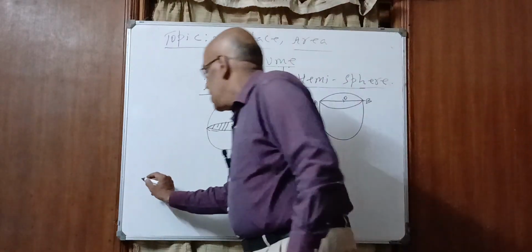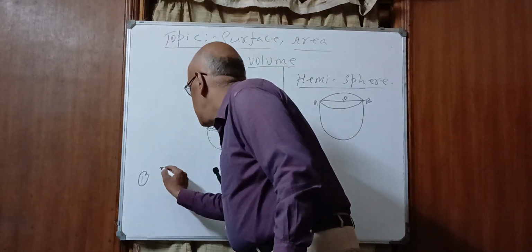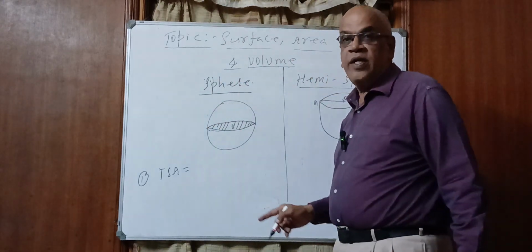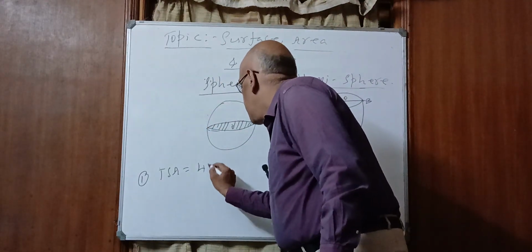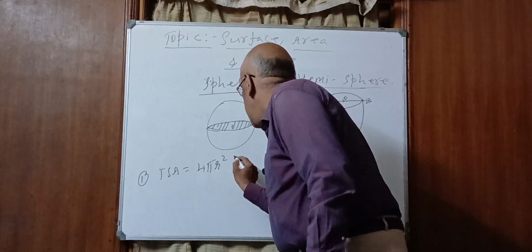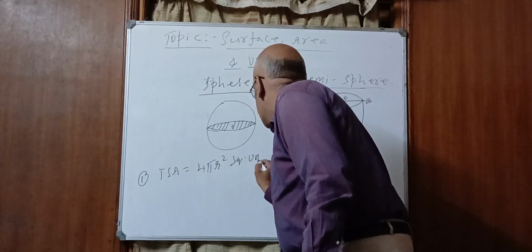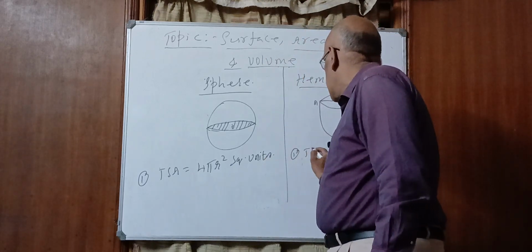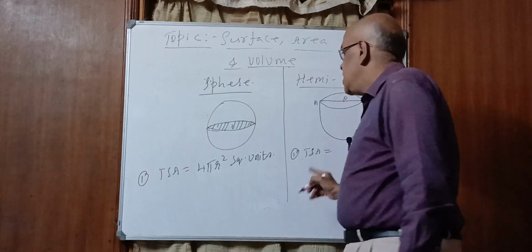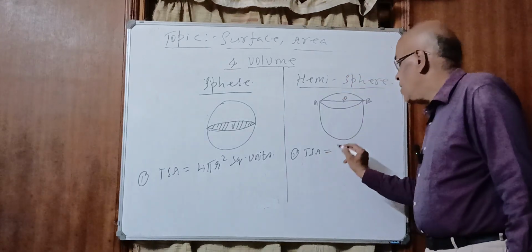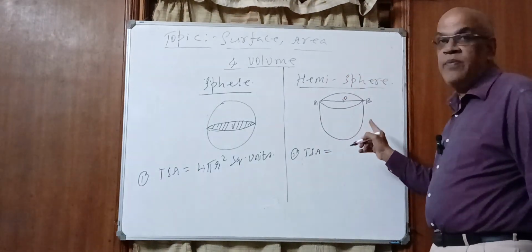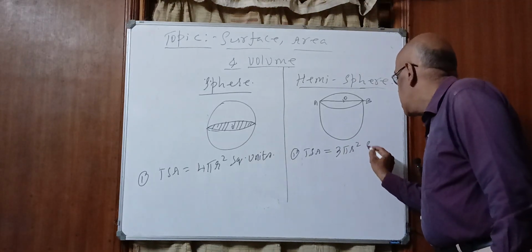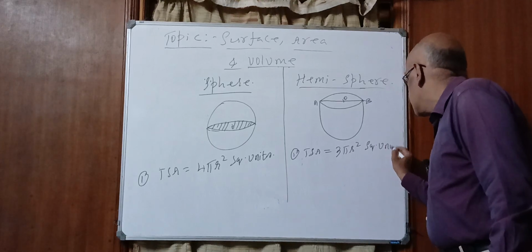Now come to, it has no sides. Straight away come to TSA. What is the TSA of the sphere? 4 pi r square units. What is the TSA of the hemisphere? 3 pi r square units.